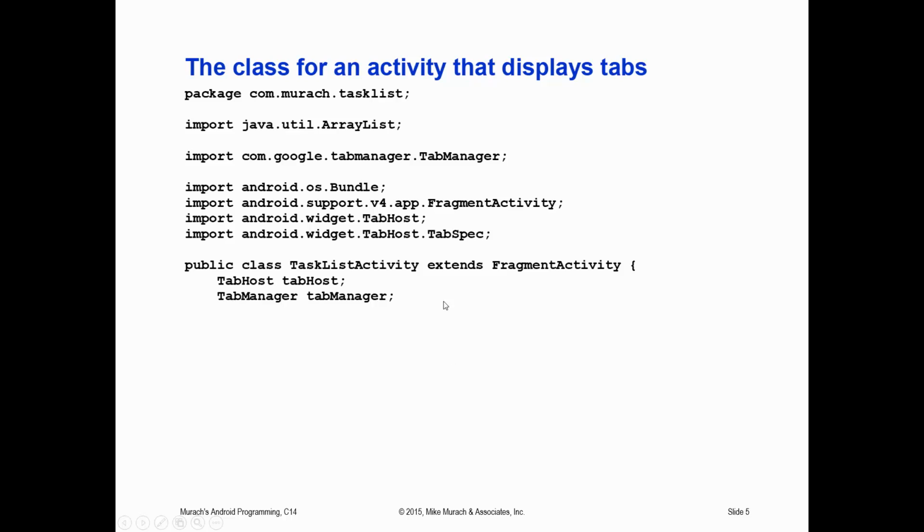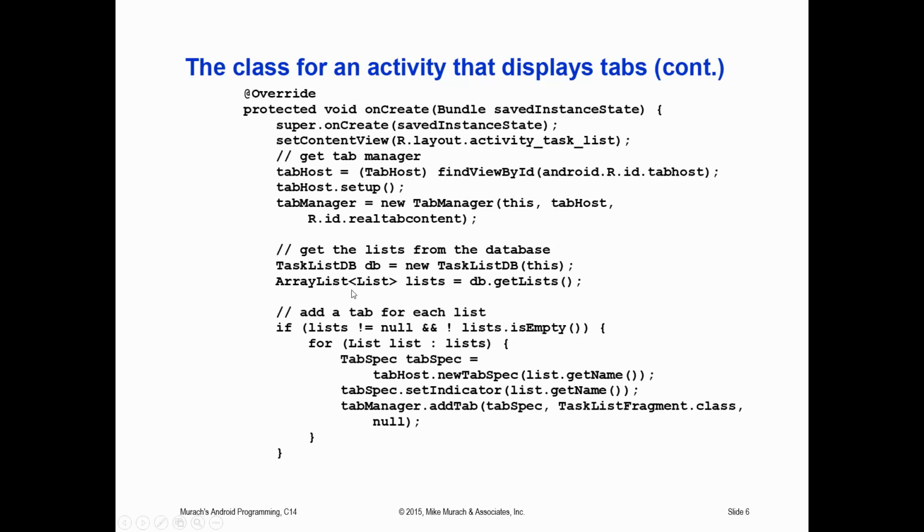You'll notice right away that this extends the FragmentActivity class, and that's generally considered the best way to display tabs. Within this class, the onCreate method is used to get a reference to the TabHost object. Then it calls the setup method from that object.